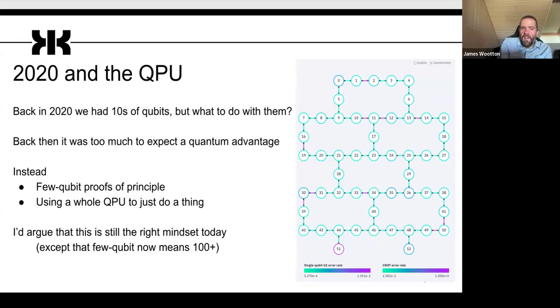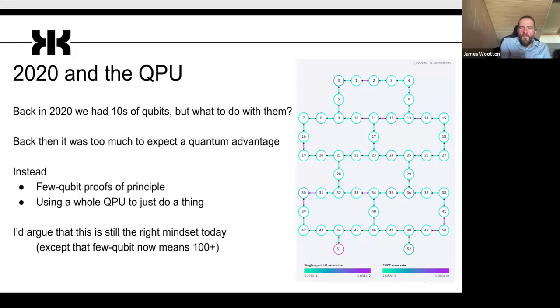Another thing you could do back then is take the whole QPU and use it to just do a thing, to show that it works, to show that it performs a task. You don't think about it being a quantum advantage task, you just show it works as a computer. It's not an oversized science experiment, it's a computer.